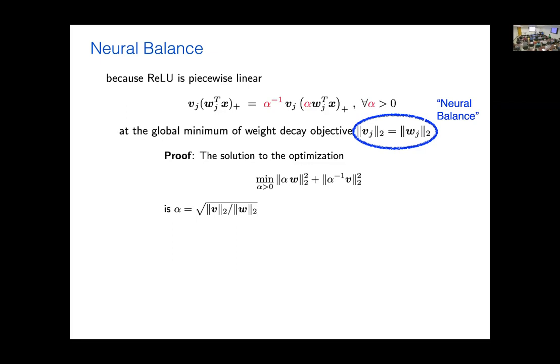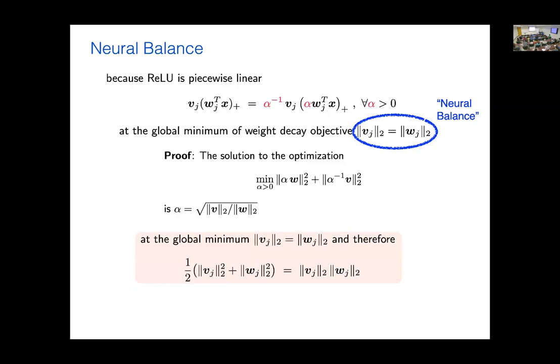And with that choice of alpha, you get this balancing condition. Okay. And so what that means is that at a global minimum, we have the input and output weight norms balanced. And because of that balancing, the term contributed by a certain neuron to the regularization at a global minimum is actually just equal to the product of the norm of the input weight and the output weight.